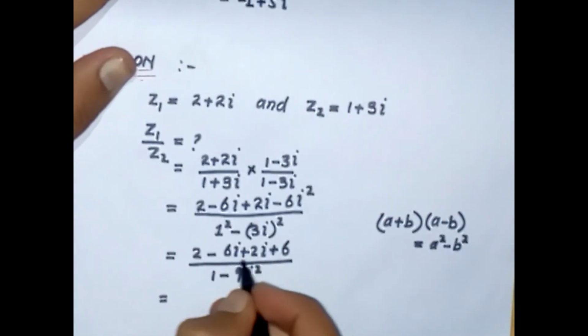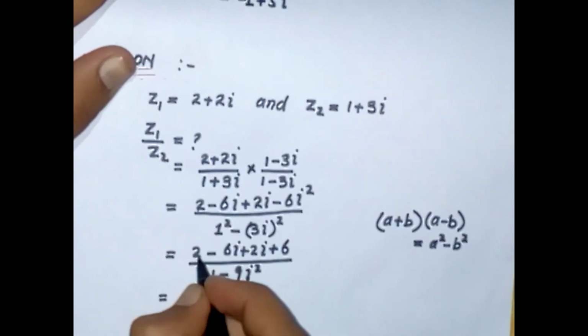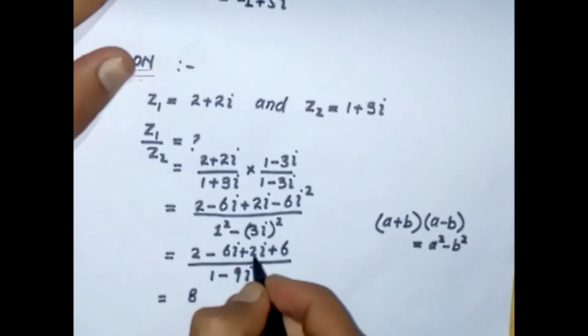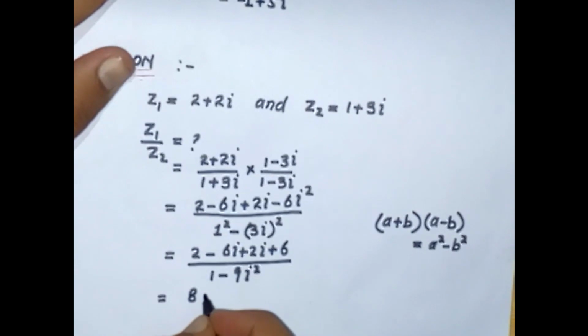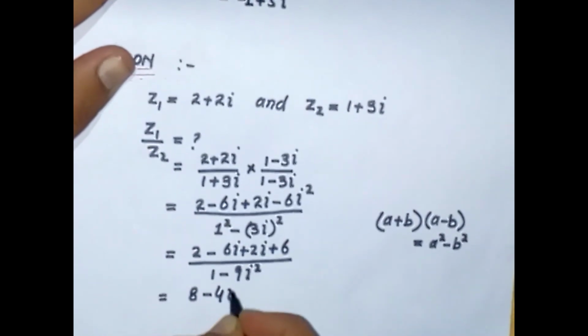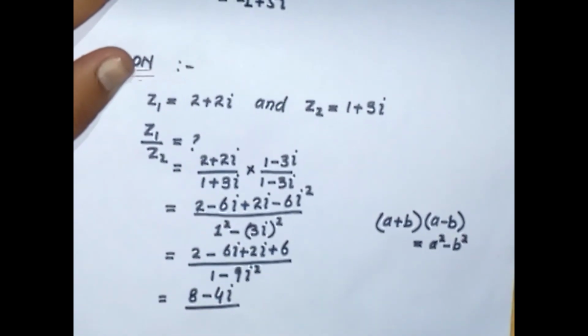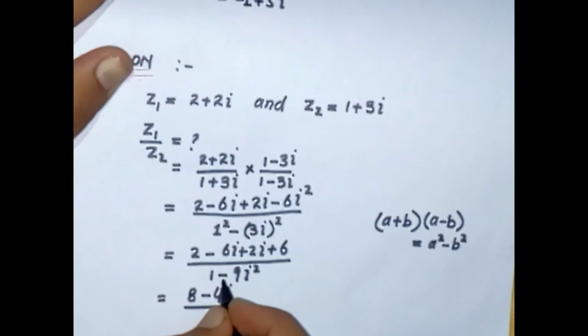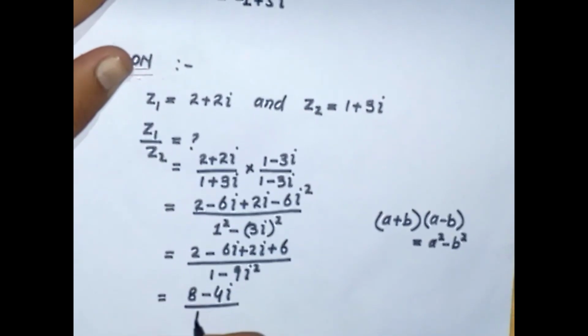Now add the real with the real and the imaginary with the imaginary. 2 plus 6 gives 8. Minus 6i plus 2i gives minus 4i, divided by 1. i square is equal to minus 1, and minus into minus gives plus, so 1 plus 9 gives 10.